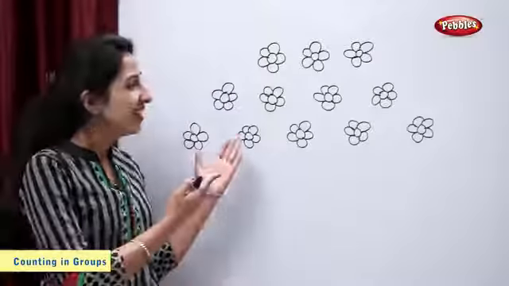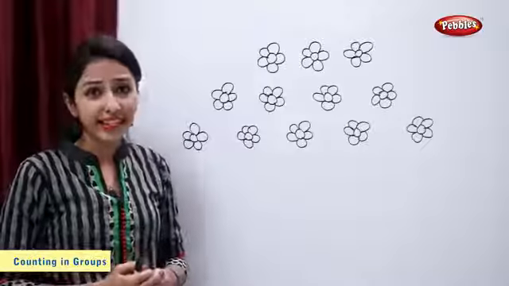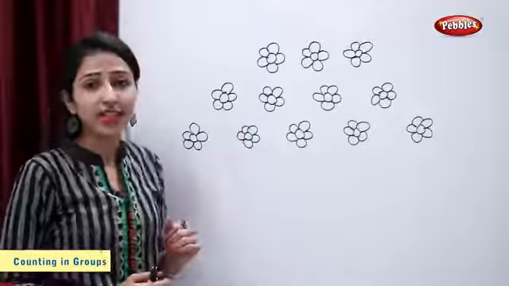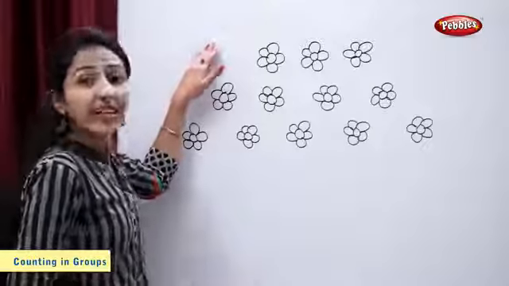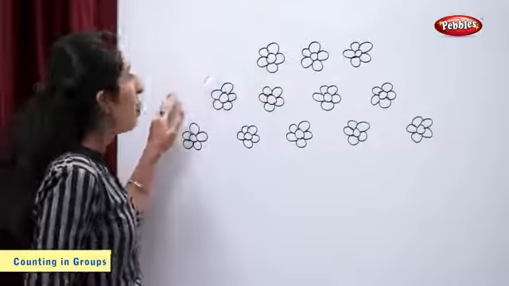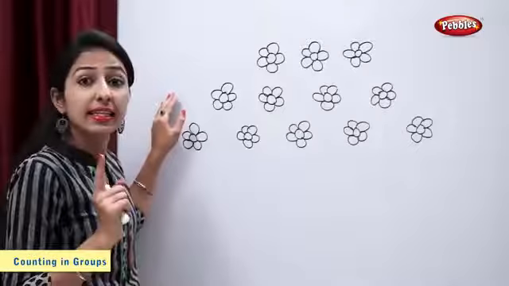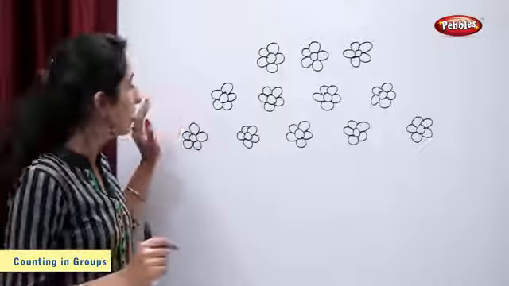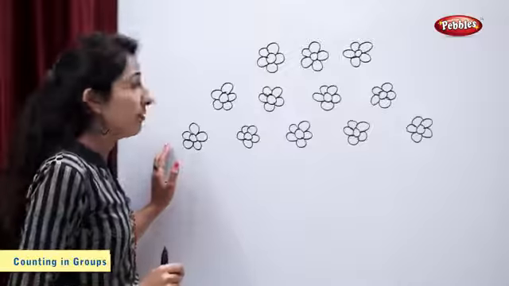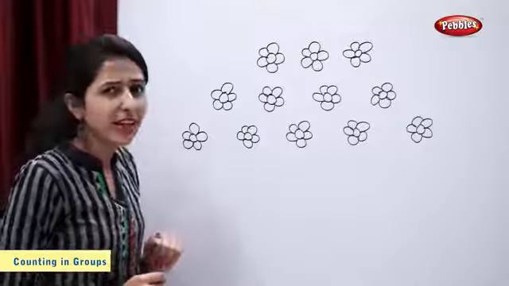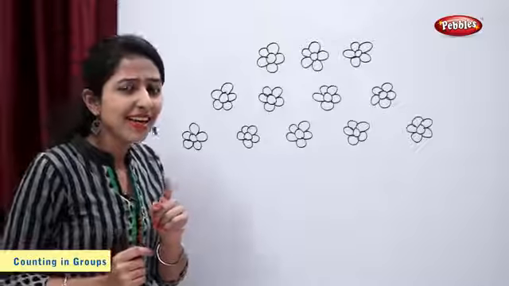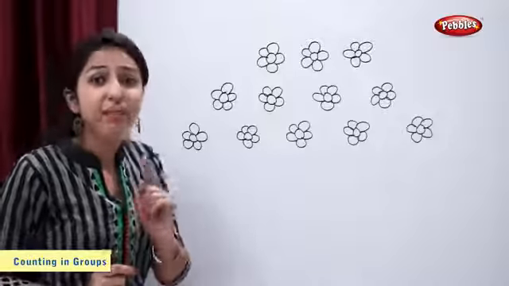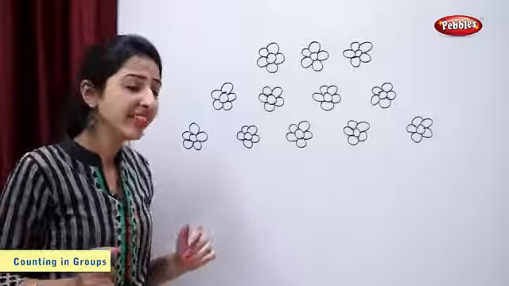Let us solve this example. Let us count number of flowers with small groups. 3 plus 4 is 7 and 7 plus 5 is how much? Count and tell me. Right, 7 plus 5 is 12.